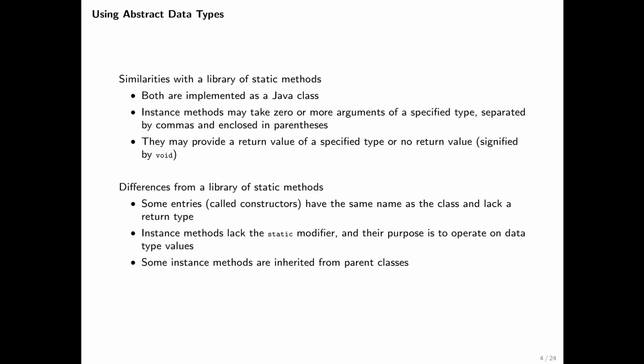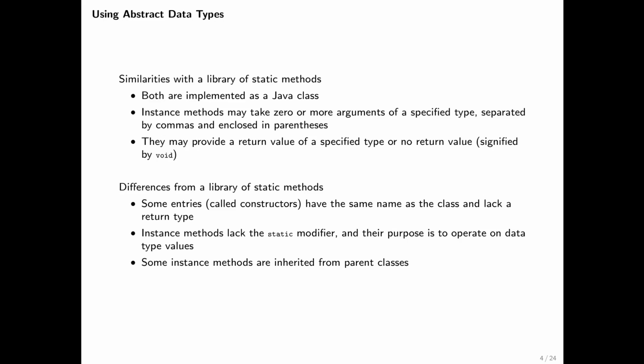And then instance methods, which are the methods that belong to an abstract data type, lack the static modifier. So here's another big difference. And the purpose of the instance methods is to operate on data type values or attributes of the data type. And then some instance methods are inherited from a parent class.